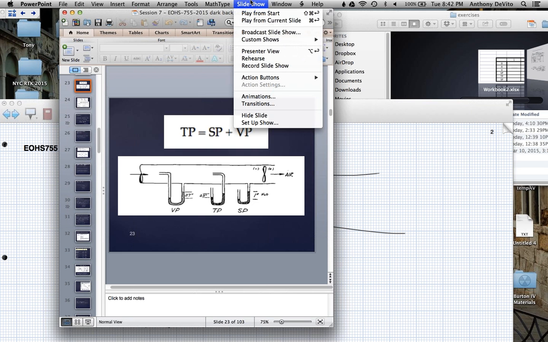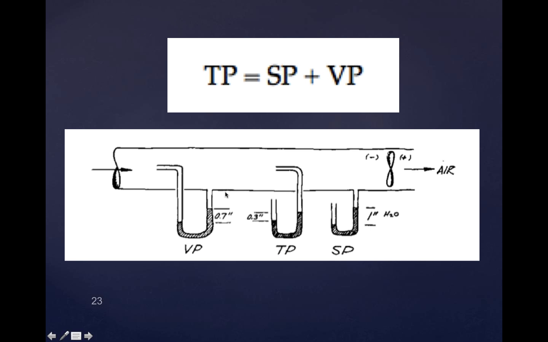So if I go back to this diagram here, what's happening is the static pressure is -1 inch. It's being sucked in by 1 inch. It's sucking hard enough to pull the column of water up 1 inch. Now, the total pressure is measuring that -1 inch of water.